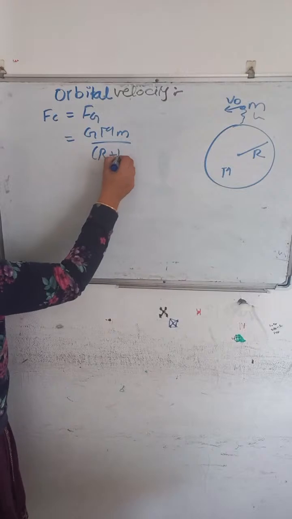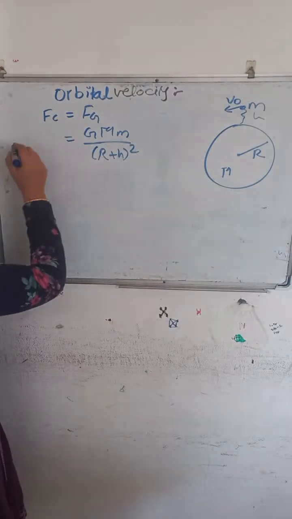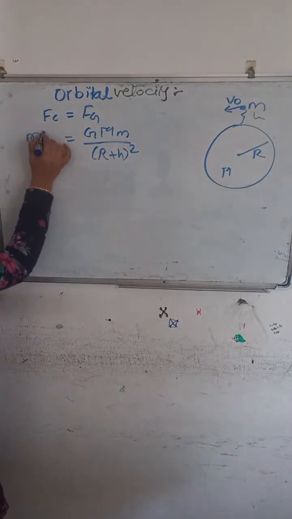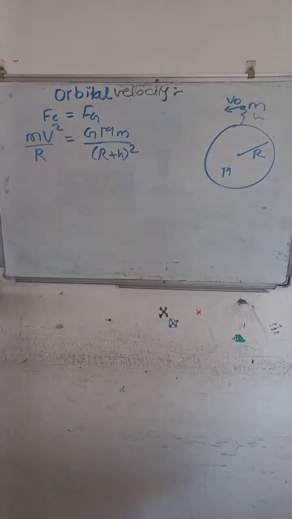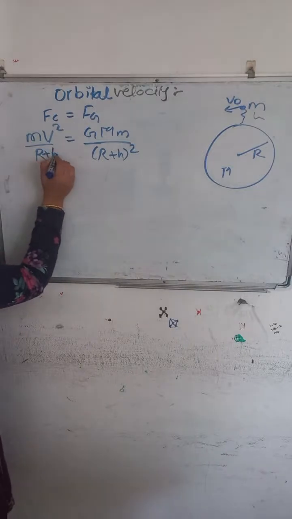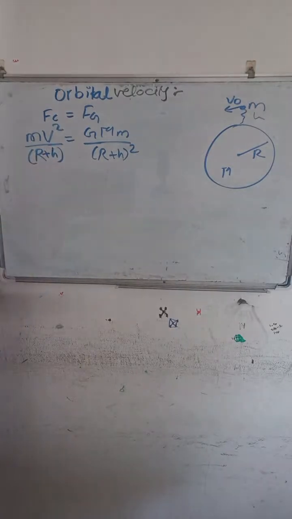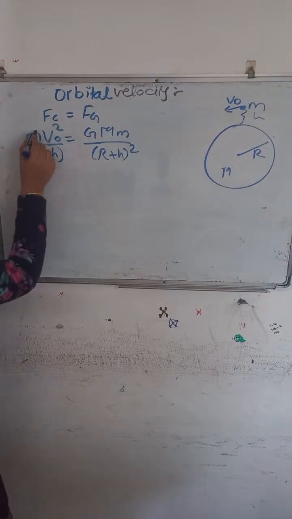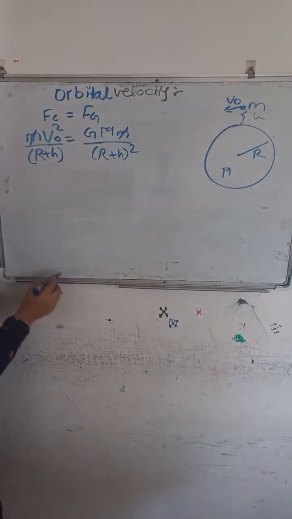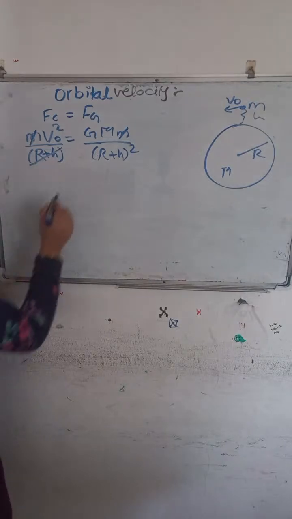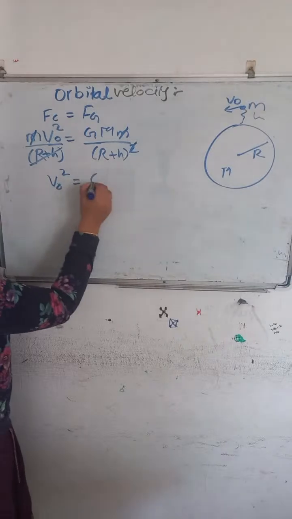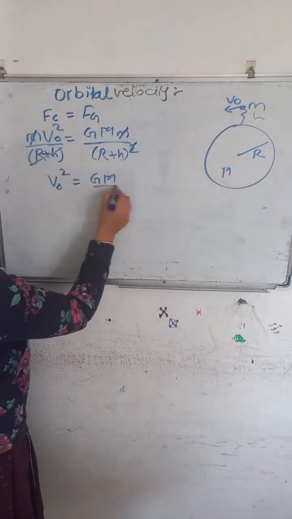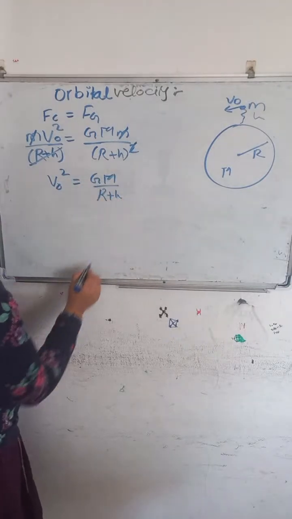The centripetal force is m v naught square upon R, but this is also R plus h. The masses get cancelled, and one R plus h gets cancelled. So v naught square is equal to GM upon R plus h.